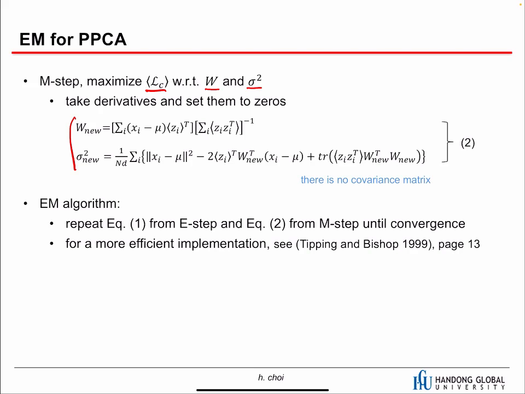Even when the maximum likelihood estimate is possible, if we use the EM algorithm, we don't have to calculate the covariance matrix. That is one advantage of the EM algorithm. So the EM algorithm repeats equations 1 and 2 until convergence. If you're interested in a more efficient implementation, then check.